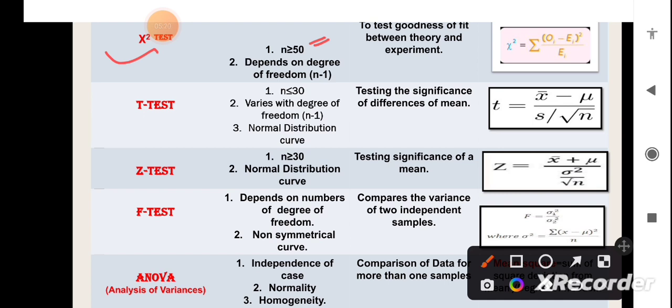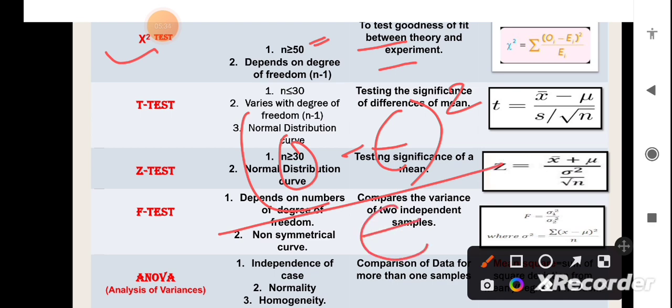The chi-square is used to test the goodness of fit between theory and experiment, and its formula is observed minus expected frequency whole squared divided by expected frequency.